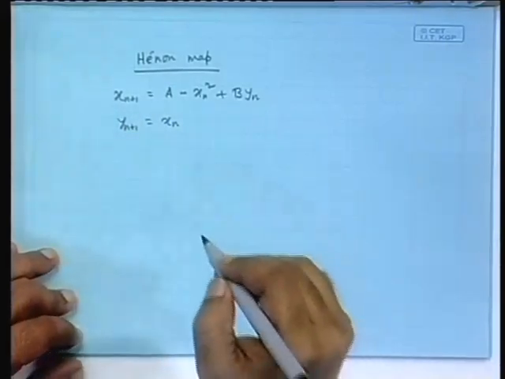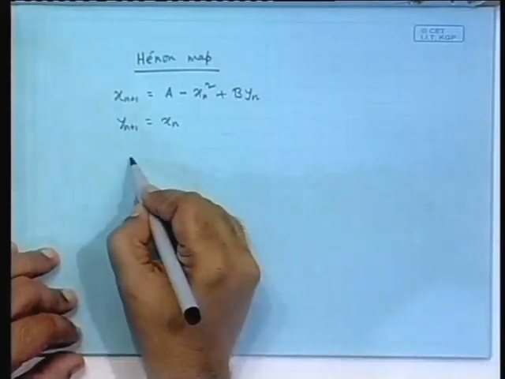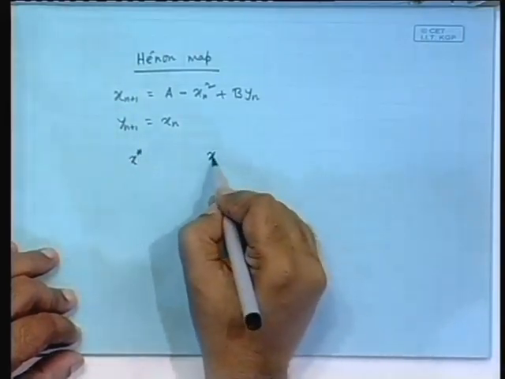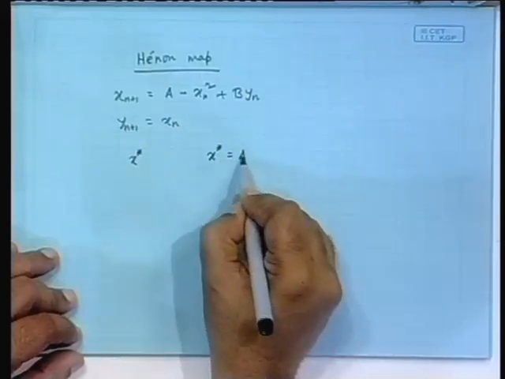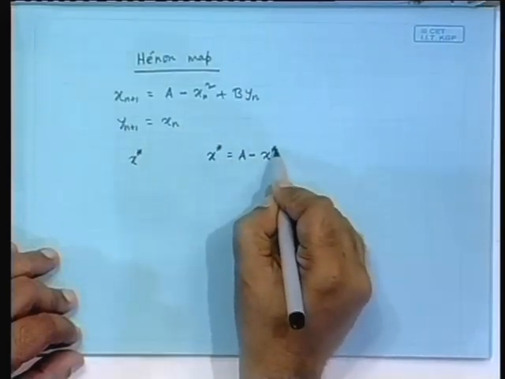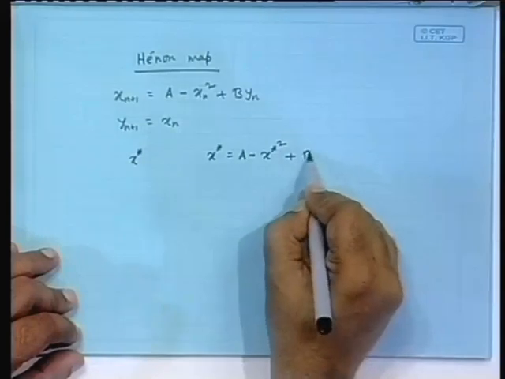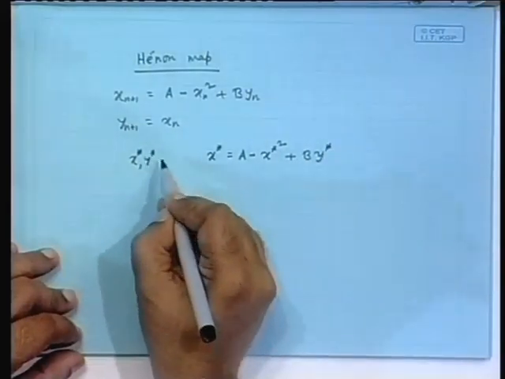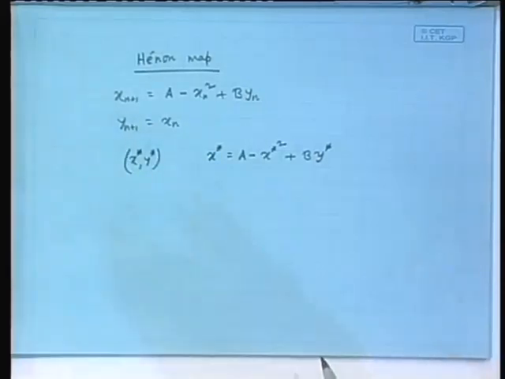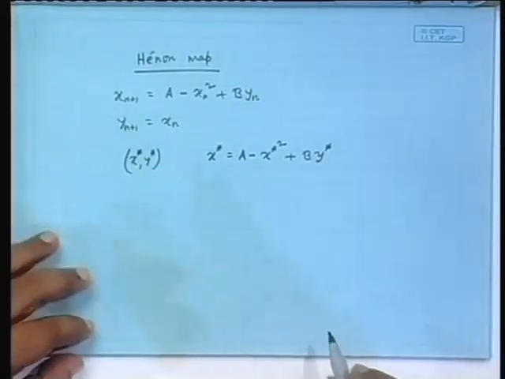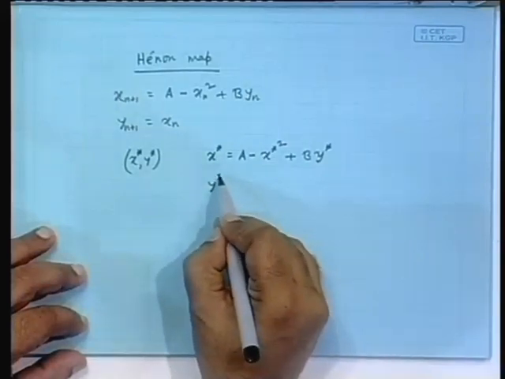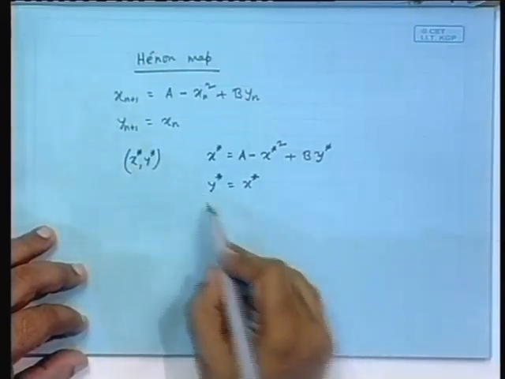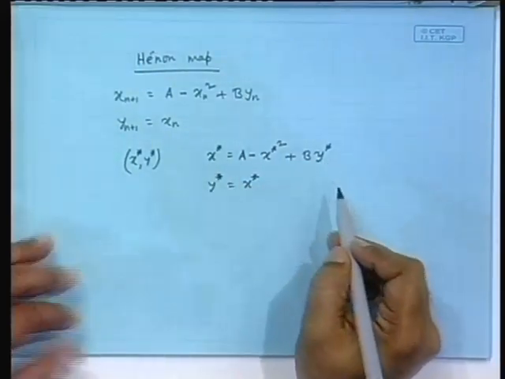Fixed point. Let the fixed point be x star, y star. So, we would write x star is equal to a minus x star square plus b y star. x star, y star is the fixed point, and y star is equal to x star. Substitute it here, you get a quadratic.